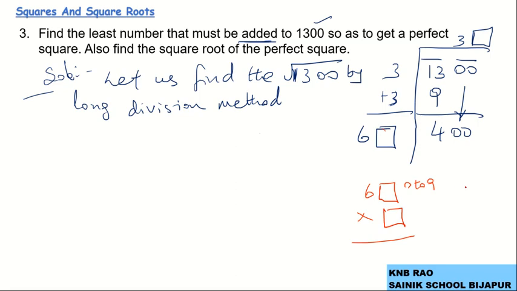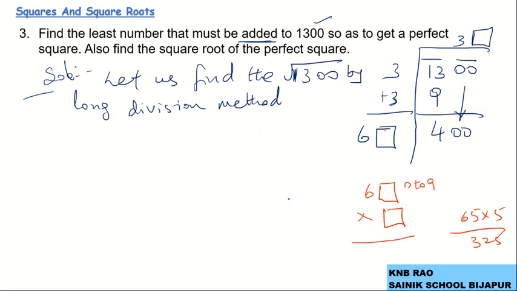As I already said, you always take the center of 0 to 9, which is 5. 65 5s are, if you find, you will have 325.